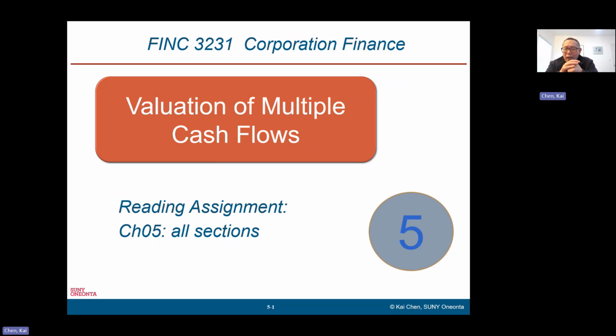For example, if you buy and hold bonds, you expect to receive a constant coupon payment periodically, as well as the face value at the end of the bond life. If you buy a stock, every quarter, you expect to receive the dividends.